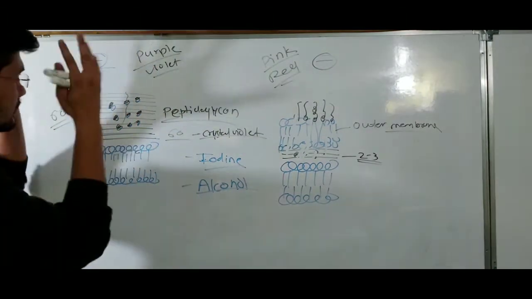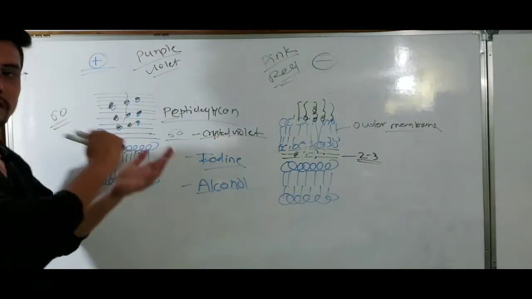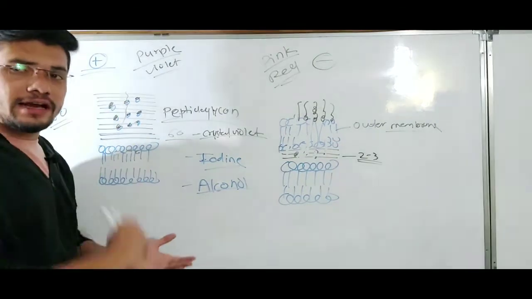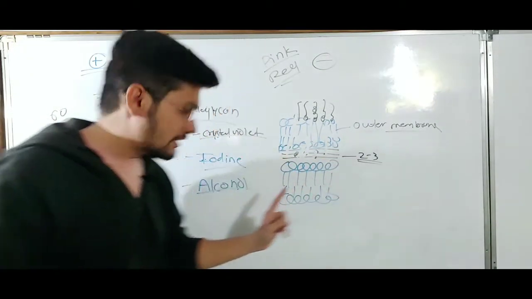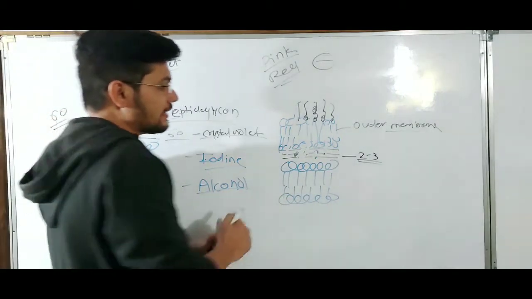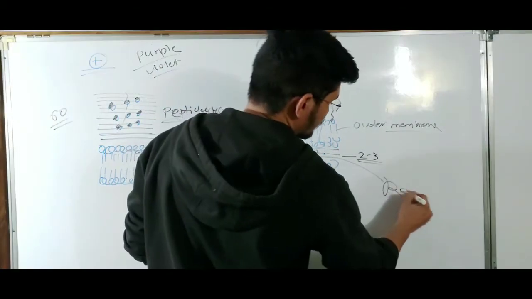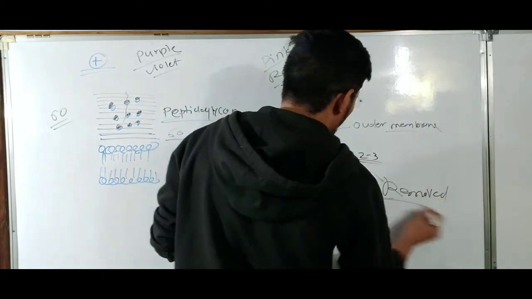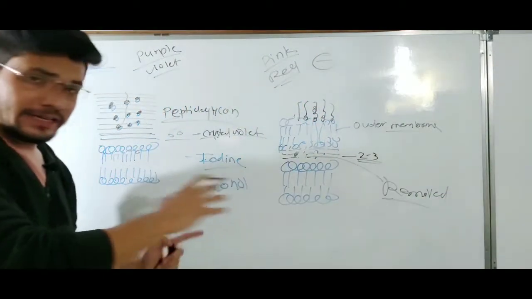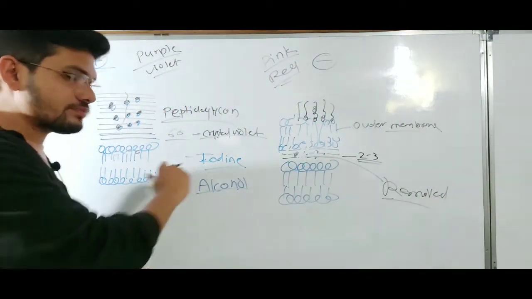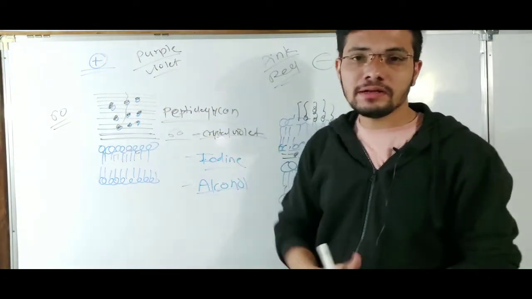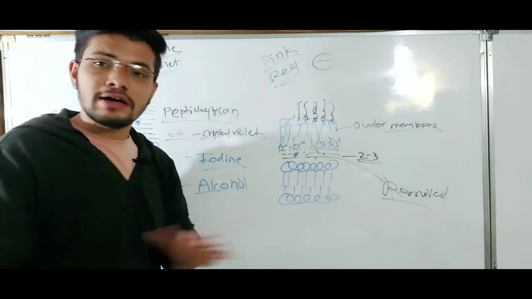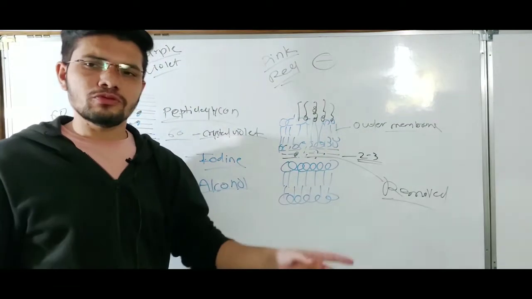But in gram positive, the crystal violet is still attached to the cell wall. If we observe the bacteria at this stage under the microscope, positive will look purple in color and the negative will look colorless because the dye is removed.